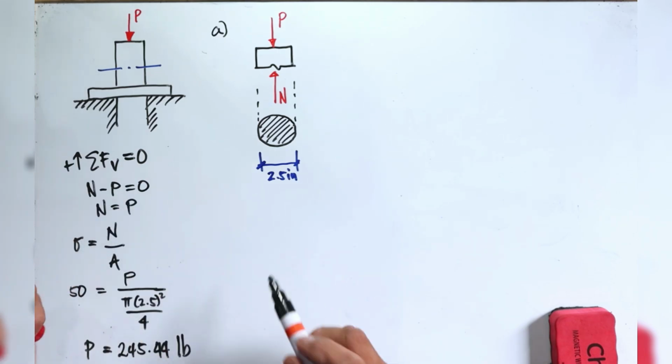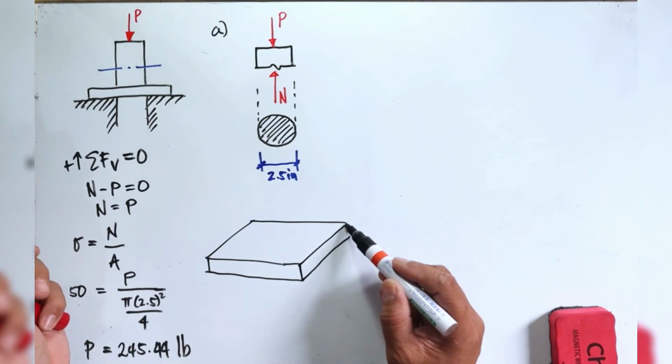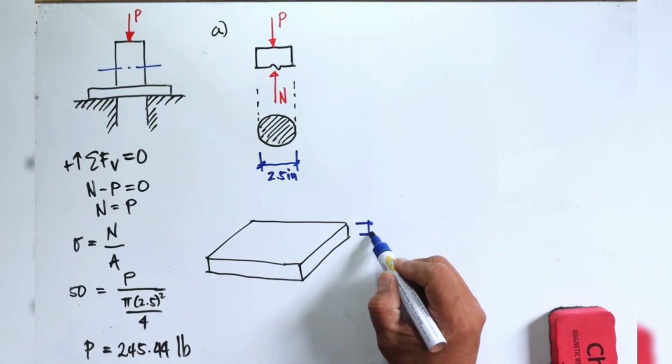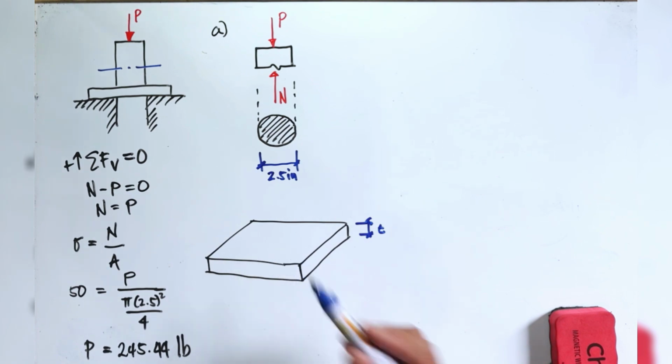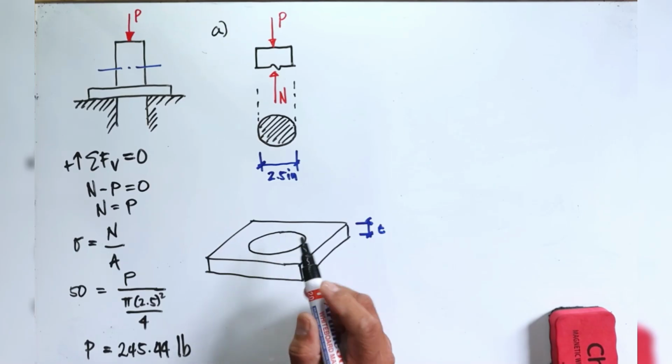Okay, so with the maximum external force P already known, let us determine the thickness of the plate. So say this is the plate. We do not know its thickness. And then there is a hole that is going to be punched out of this plate. Let's say the hole is like this.